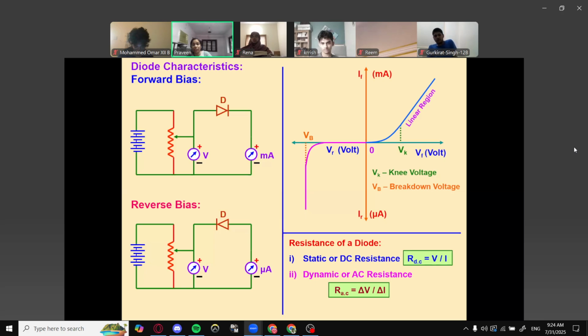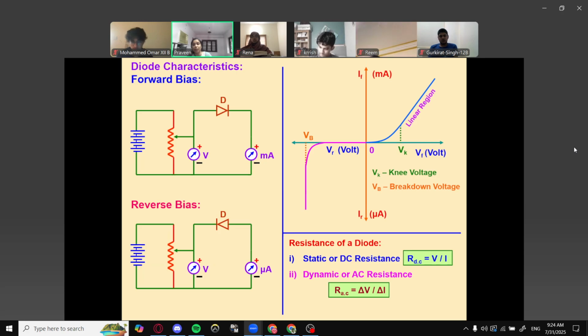But when it is reverse biased, the resistance increases and current does not flow through it. So the diode can conduct only in the forward bias condition, which means the diode conducts only in one direction.